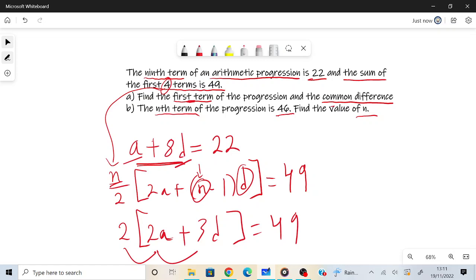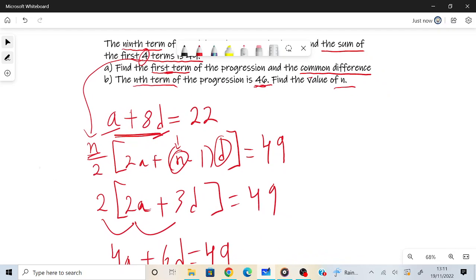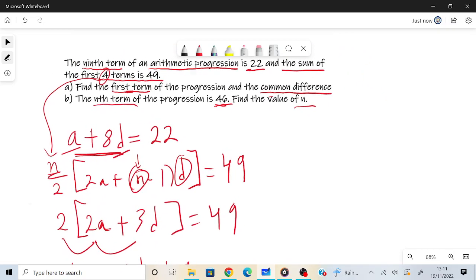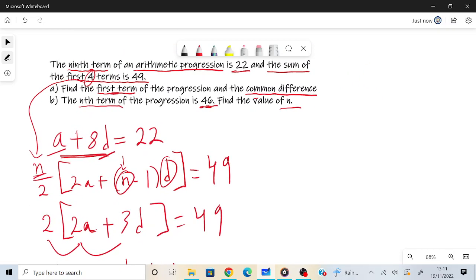The b part says that the nth term of the progression is 46. From the formula, we know that the nth term is equal to a plus n minus 1 d.